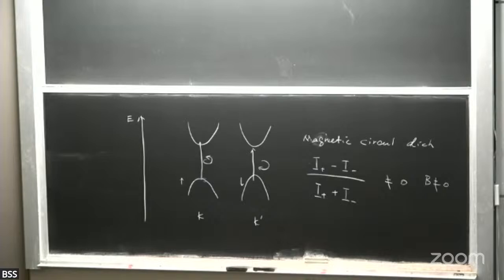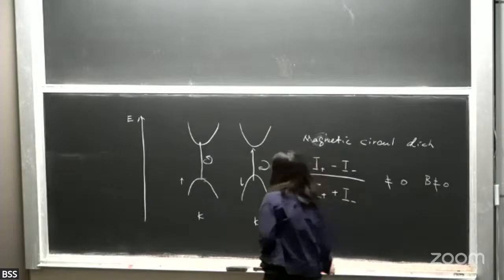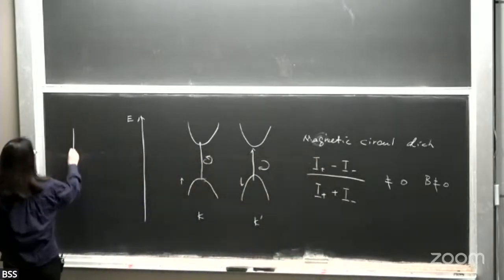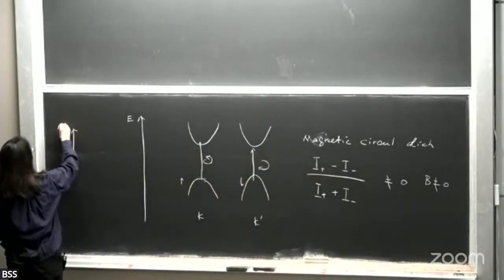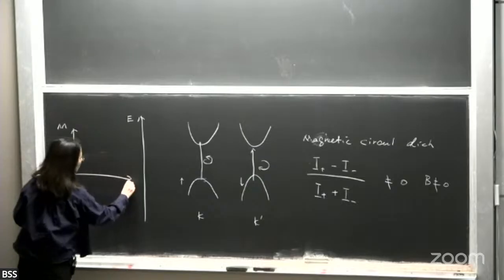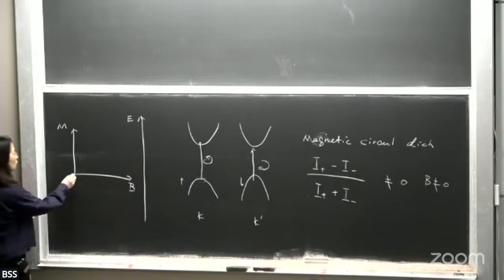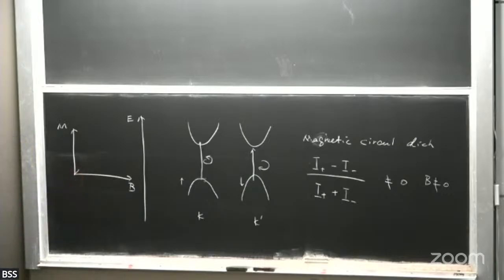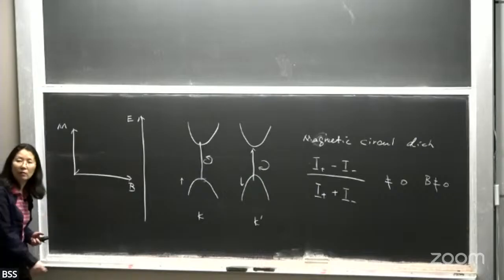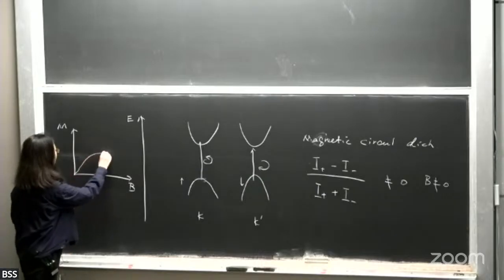What is the magnetization as a function of B field, right? So this is the question. For small magnetic field, it's linear, and then it will saturate. It's something that people are interested in.